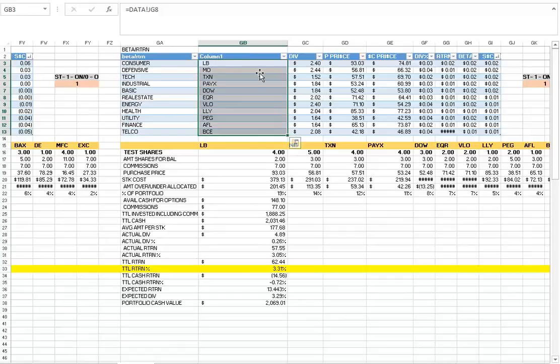What that means is it simply takes the beta score, multiplies that times 50%, takes the return score, multiplies that times 50%, and adds those two together, and you get a score for beta and return. These are the stocks that have scored highest for beta and return in our basket of stocks, and these are the stocks chosen for each sector of the economy. And again, this is the return, 3.31%.